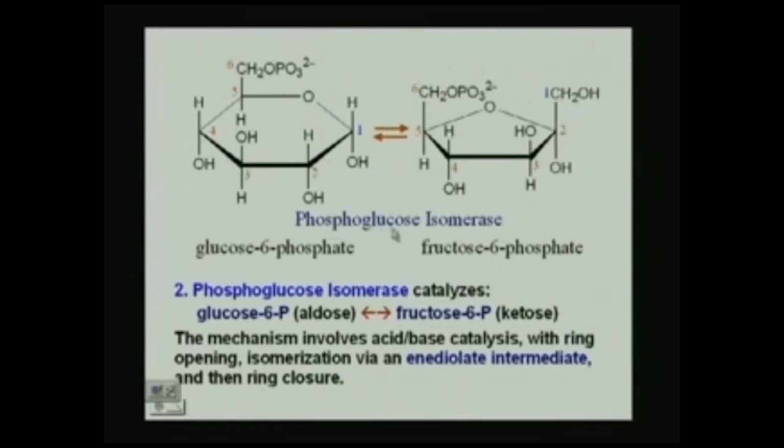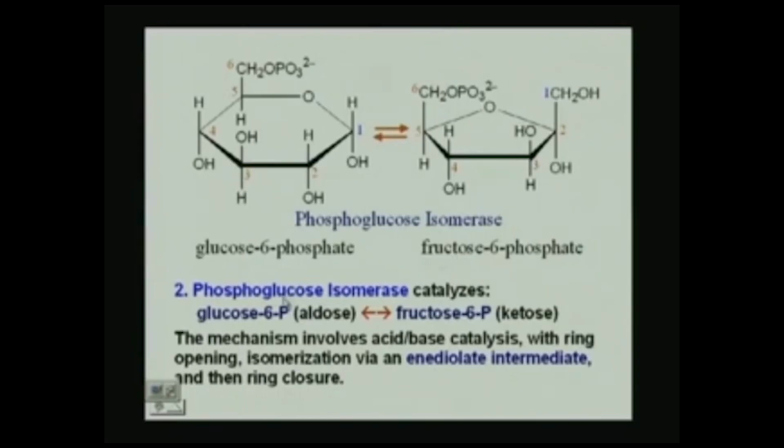It is a phosphoglucose isomerase, and what is happening here is the glucose 6-phosphate forms a fructose 6-phosphate, where instead of the aldehyde now, the aldose, you have a ketose. Right? You have the CH2OH up here now. Okay. So we have glucose 6-phosphate go to fructose 6-phosphate.